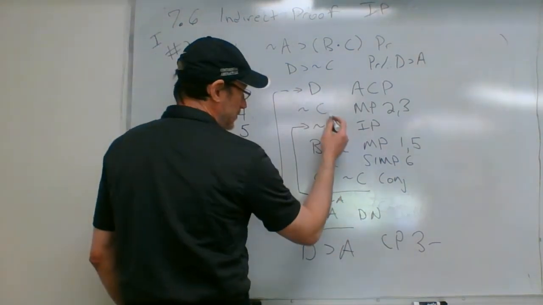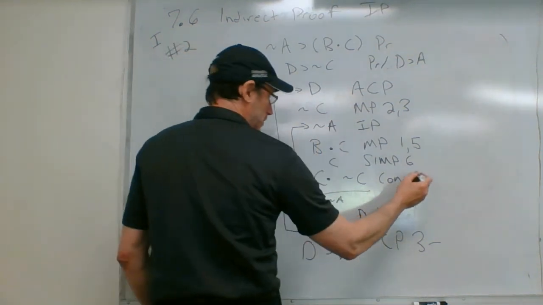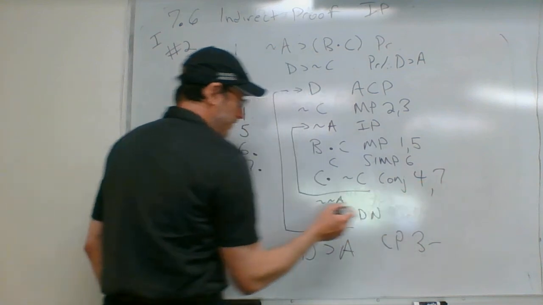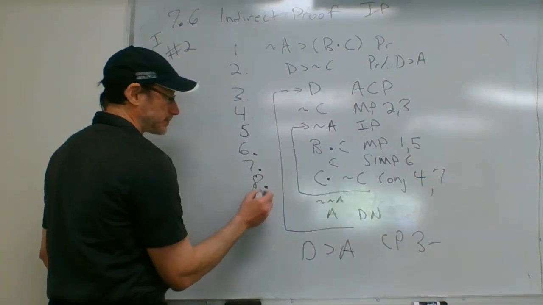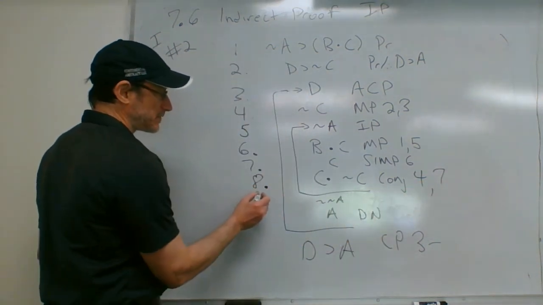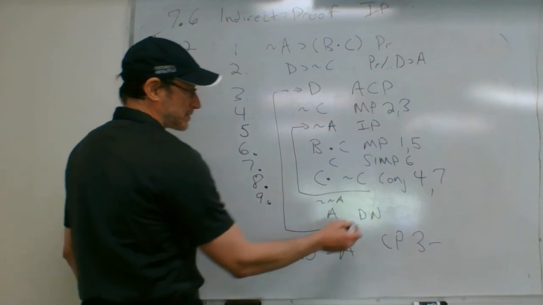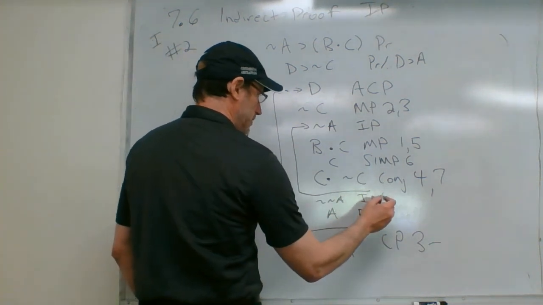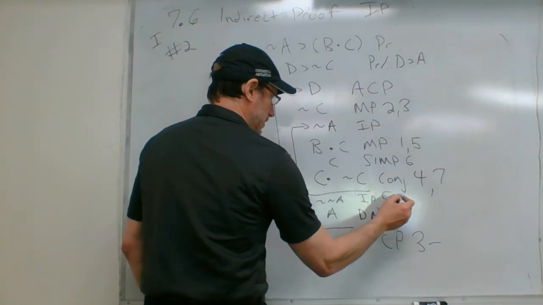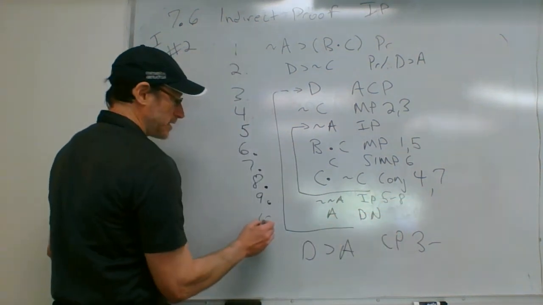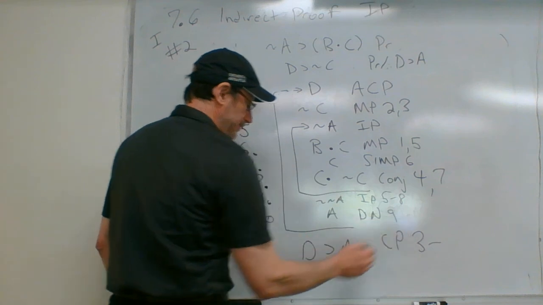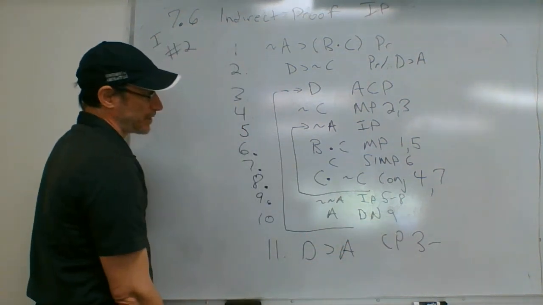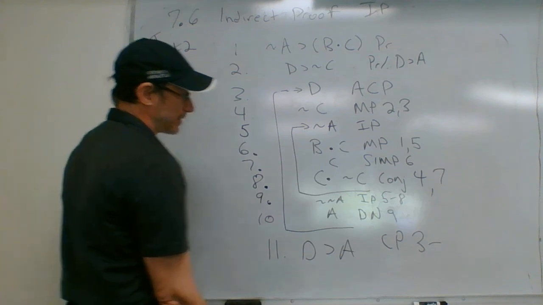So I'm allowed to use step 4, conjoin it with step 7. I have a contradiction. Now the rest is filling in the numbers. This is IP on 5 through 8. And then this is double negation on 9. And then this is step 11, where you get CP is 3 through 10.